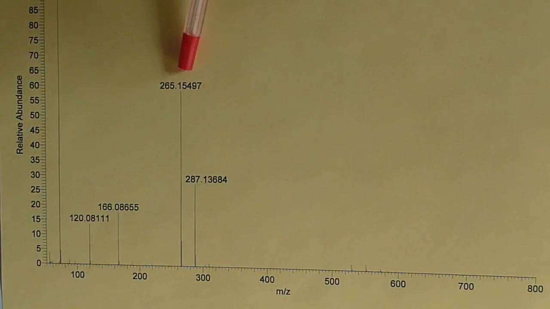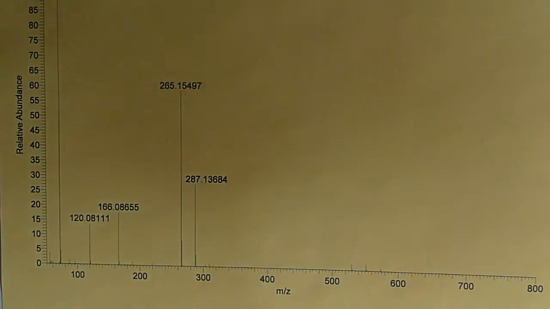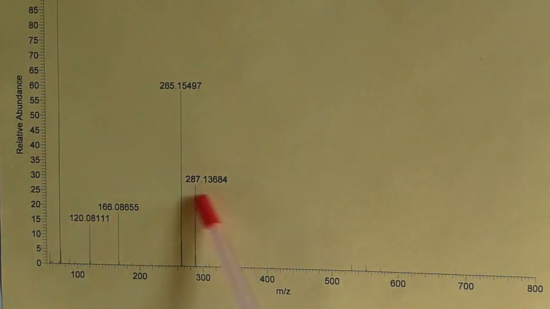The protonated ion has an experimental mass to charge value of 265.15497. And for the presumed sodium adduct, we have 287.13684.